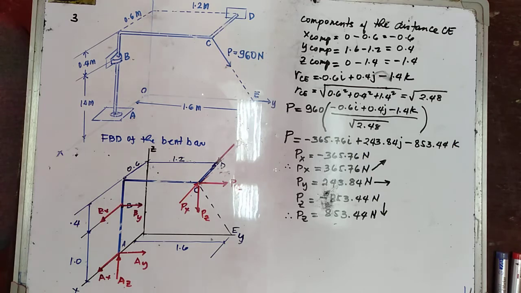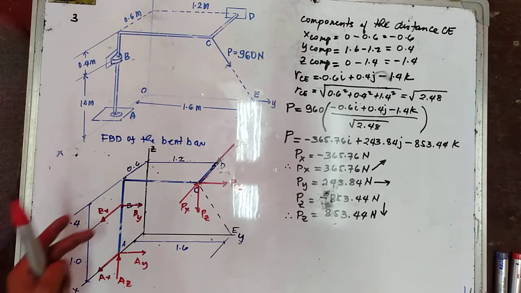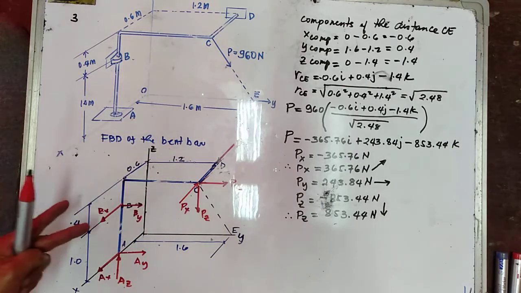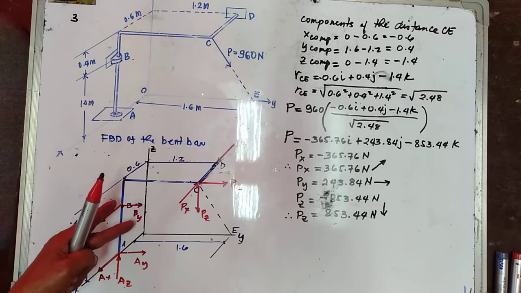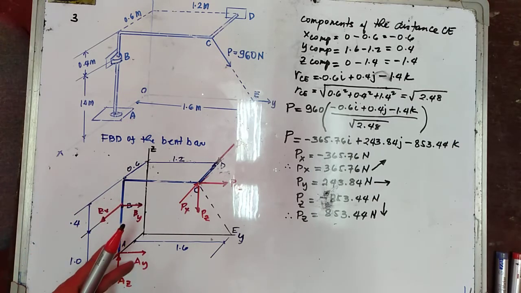So let us try to determine now dx, bx, by, ax, ay, and az.